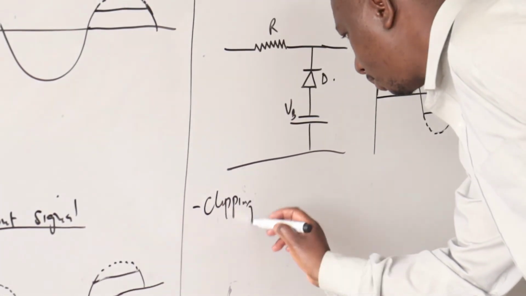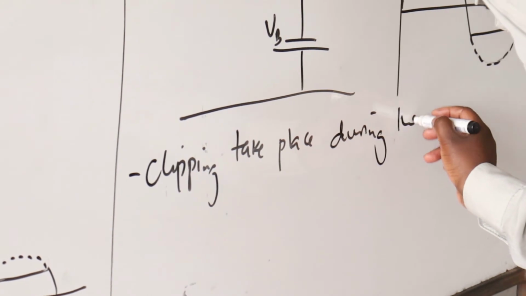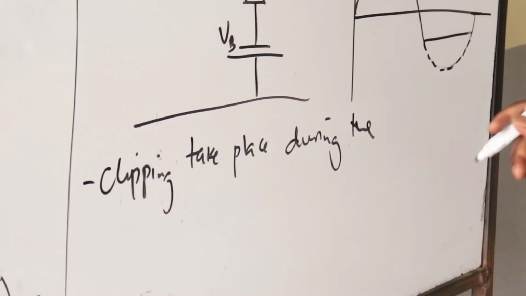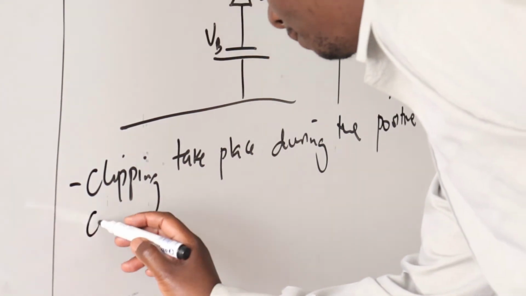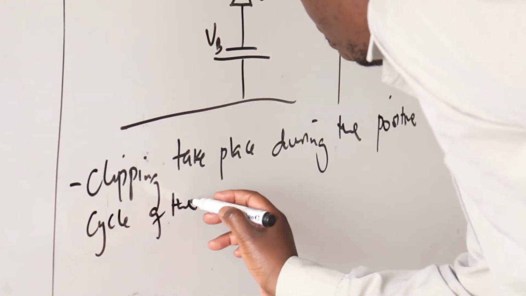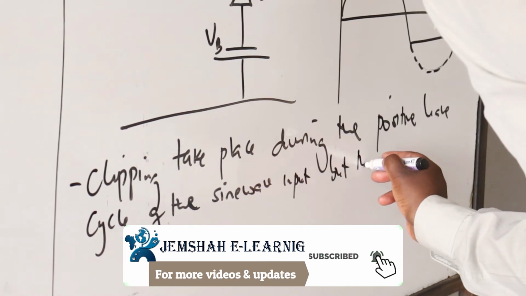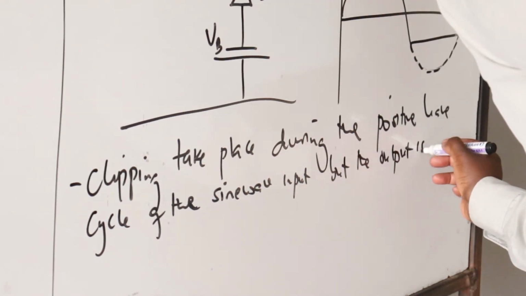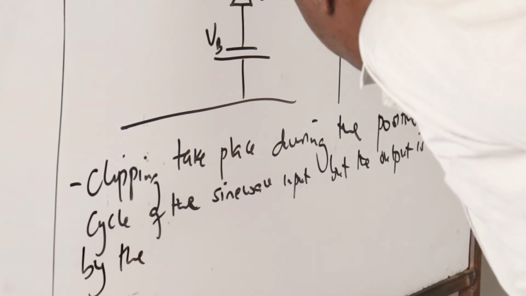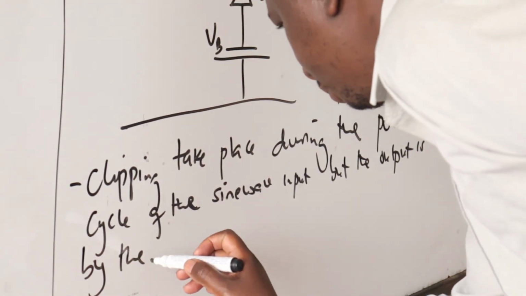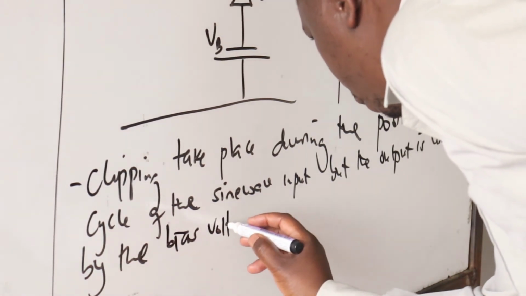So clipping takes place during the positive half cycle of the sine wave input, but the output is limited by the bias voltage.